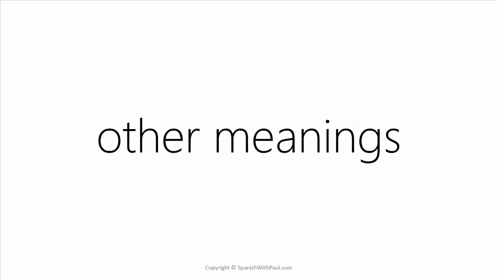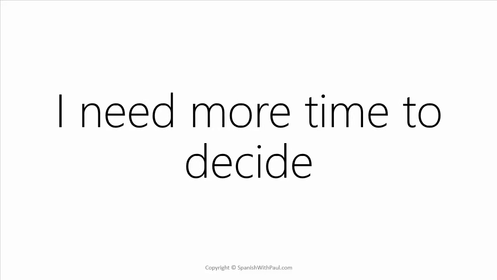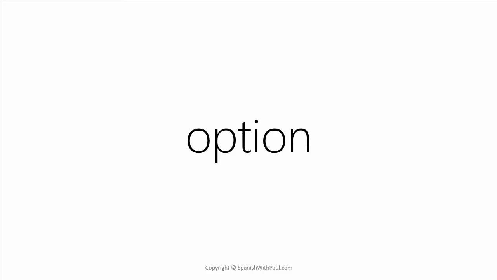Now, para also carries a lot of other meanings, including in order to. For example, look at this sentence. I need more time to decide. Now, we could also say, I need more time in order to decide. In English, we have the option.